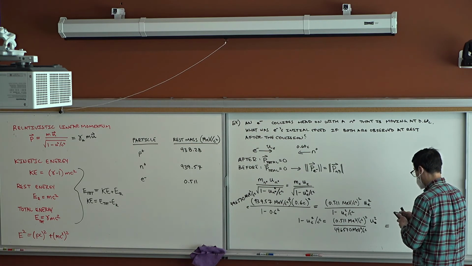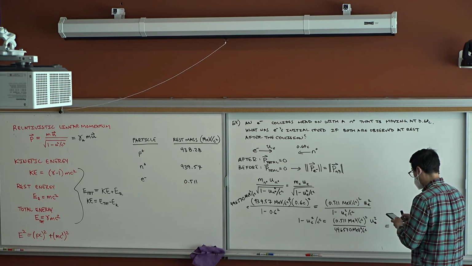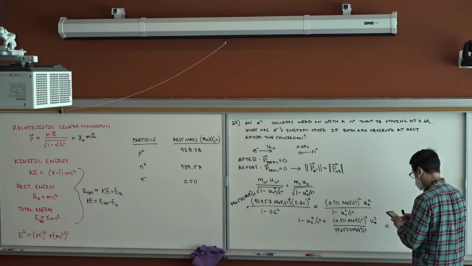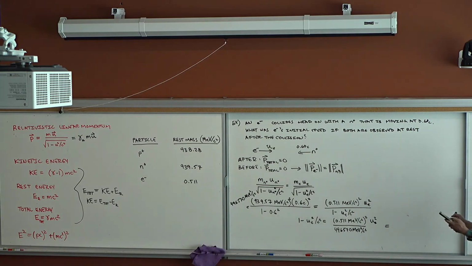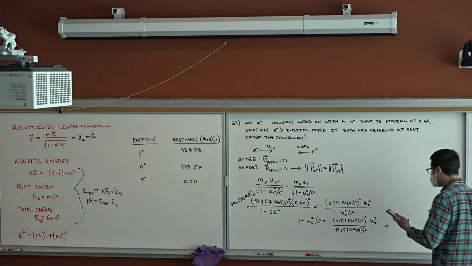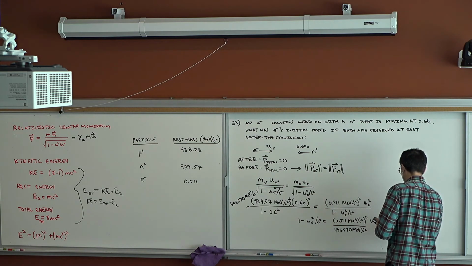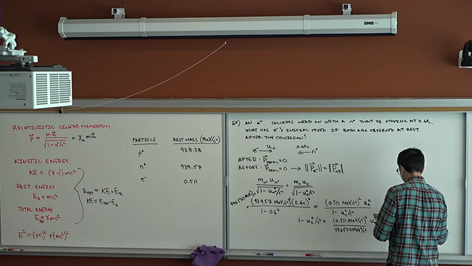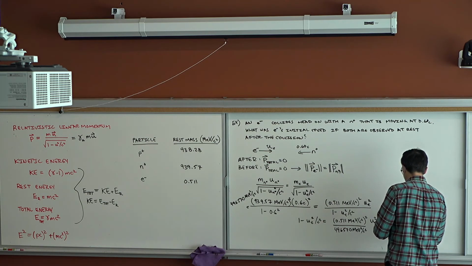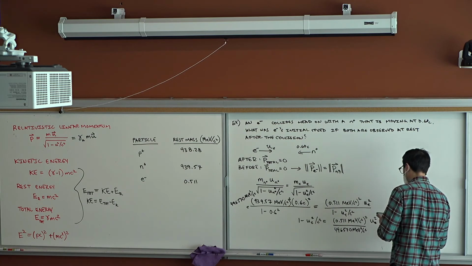And so, let's see, shift 1 over x times 0.511 times 0.511. I'm getting about 5.26 times 10 to the minus 7, 5.258. We'll leave it at this. Times 10 to the minus 7.